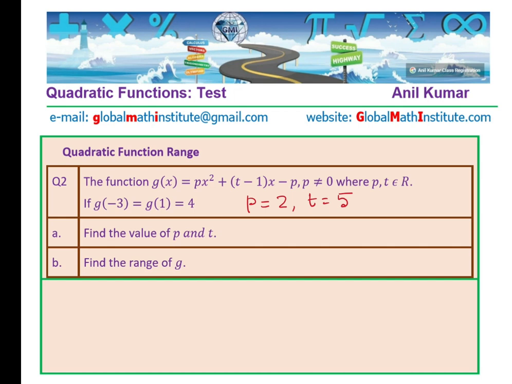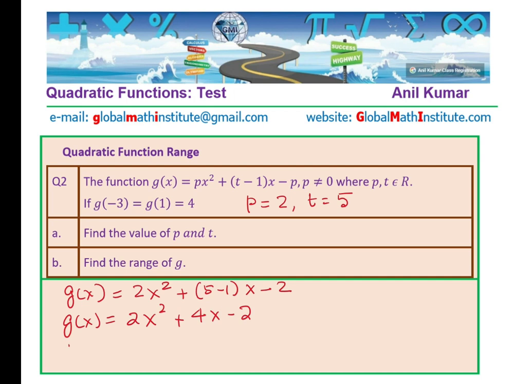Substituting these values in the function g of x, we can rewrite this as 2x squared plus (5 minus 1)x minus 2. So we get the function g of x as equal to 2x squared plus 4x minus 2.